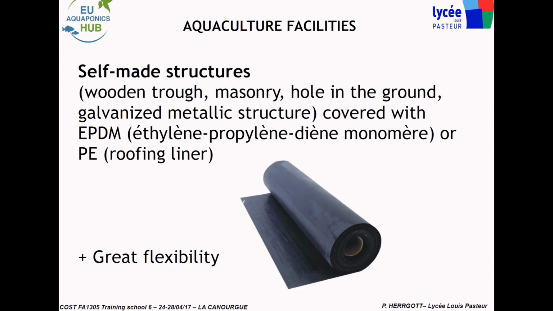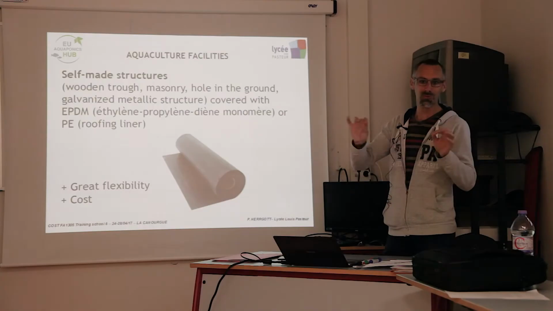In aquaponic systems, you have very big farms at industrial level, but you also have small, individual, self-made systems, so you have to think about a solution you make with the material you find near the place you live, which corresponds exactly to what you want to do.